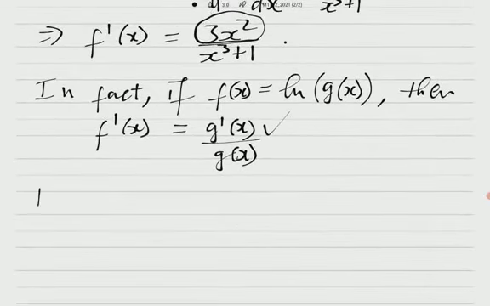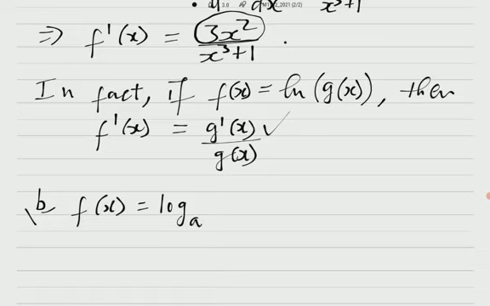Let me make a note of b so that you'll complete number b before we go to the next part of this lesson. So for number b, you have f of x being given by log base a of x squared minus 1. So for this one you can do the change of base like you know from the previous.